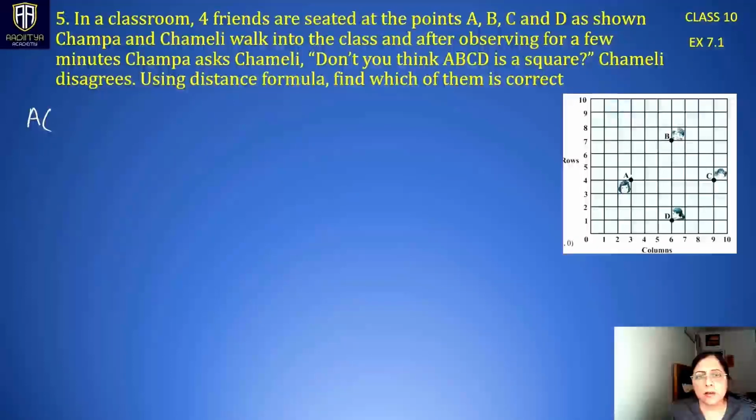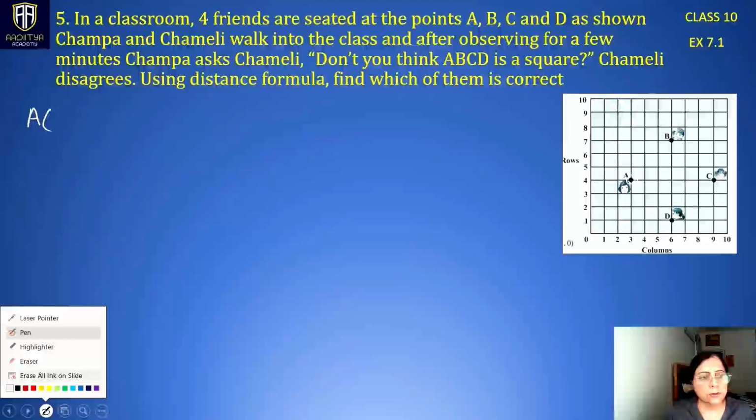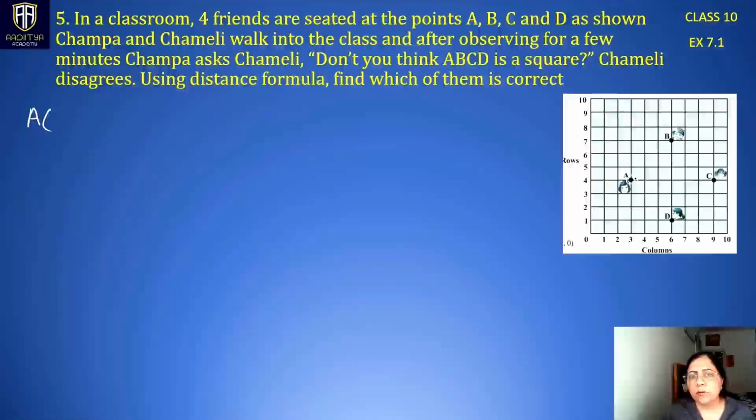See, A is here. Now read the coordinates. What is the x coordinate? Okay, let me change the color. This is your x-axis and this is your y-axis. On the x-axis, first you have to come 3 units.